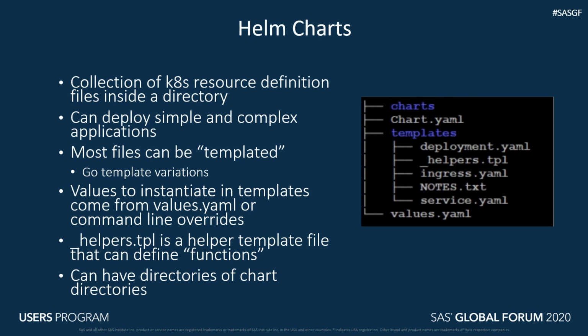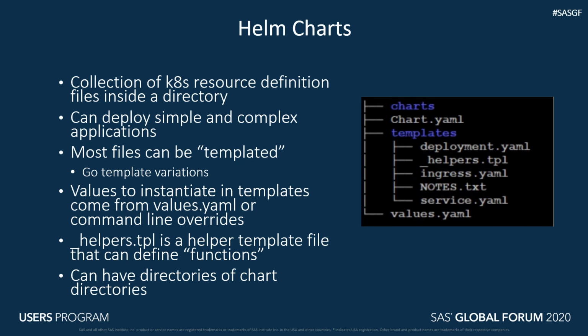It uses a variation of the Go templates. If you know Go, the programming language, or know of it, there's a set of functions called Sprig, but Helm uses a variation of the Go templates. The values to instantiate in templates come from a file called values.yaml. You'll see values.yaml on the right-hand side as one of the top-level files.